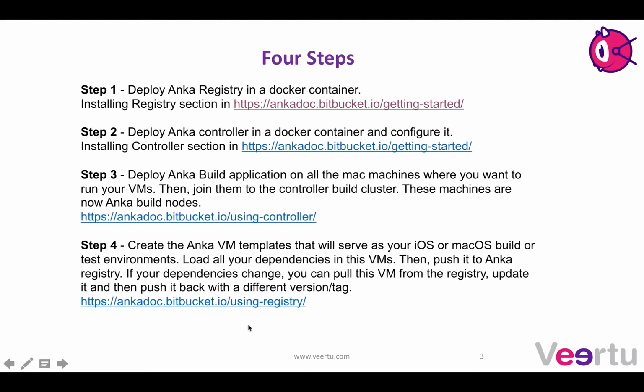And step 4 is when you would actually create your specific dev or test environment inside an Anka virtual machine and then push it to registry for use in your manual testing or for continuous integration jobs.